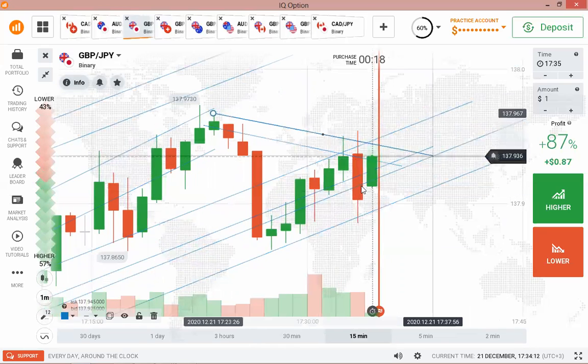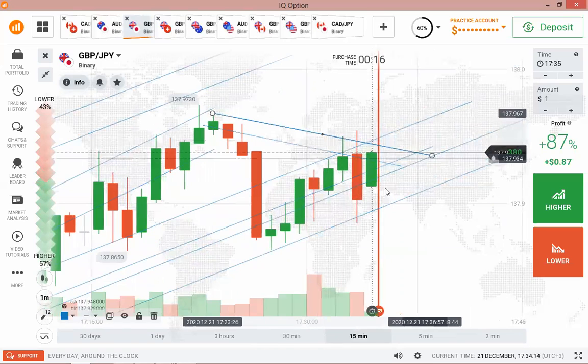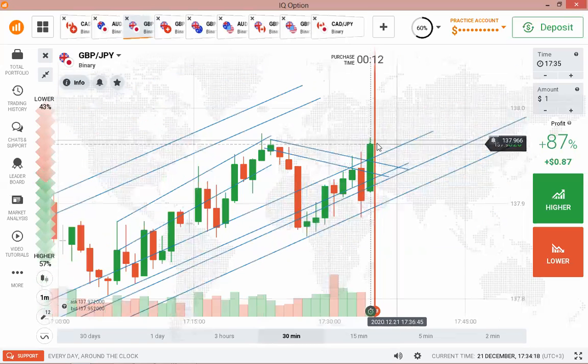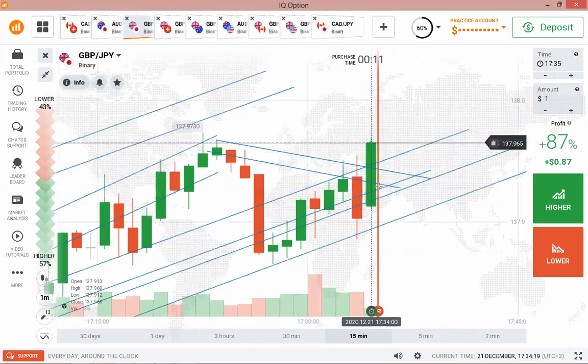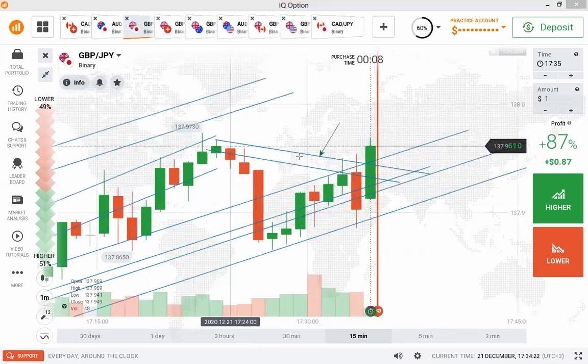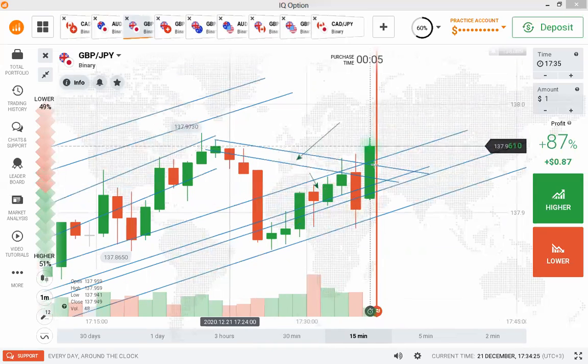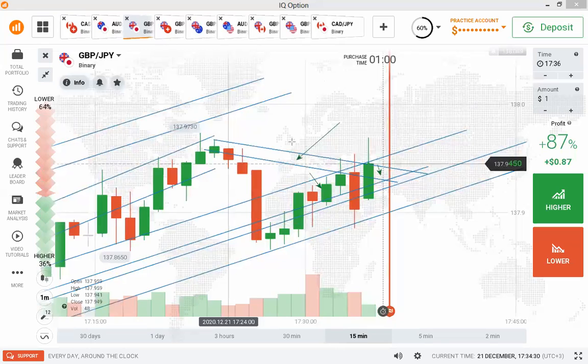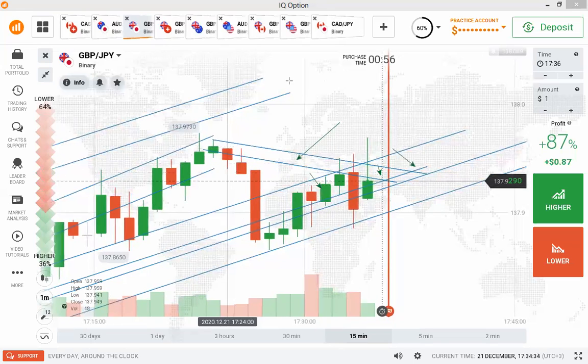Sellers still enter the market, buyers still enter the market. Remember, this is also a level. Now, how many levels do you have here? You have one area, you have two here. So if this candle closes here, in between these two trend lines, or here, if it's still the same thing, the market is going to reverse.